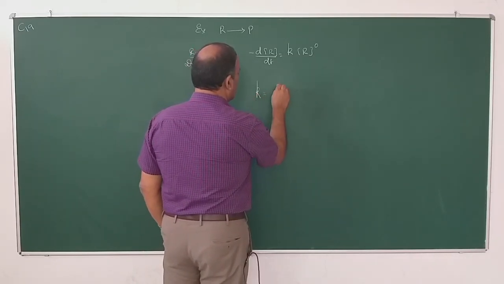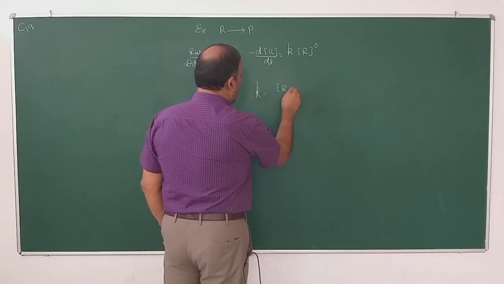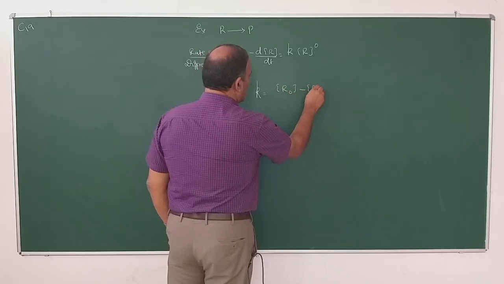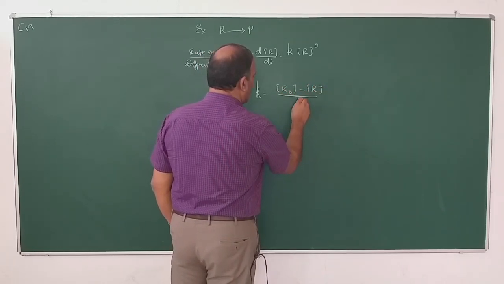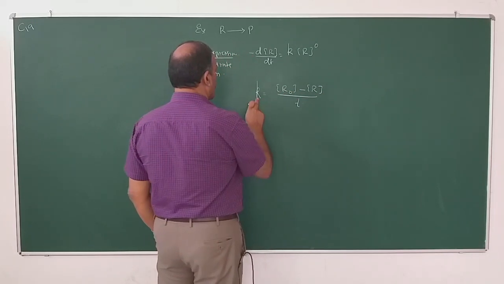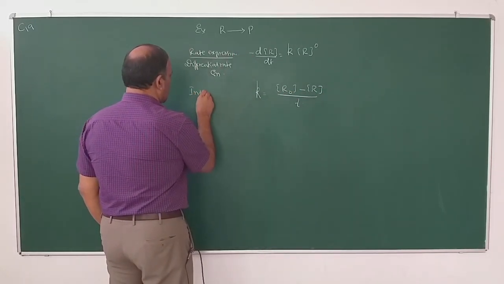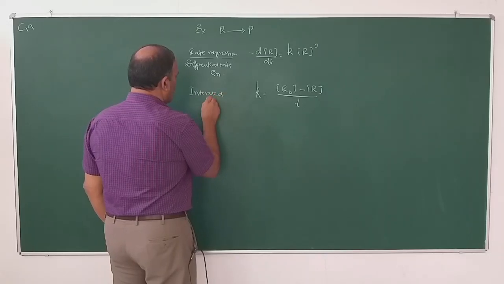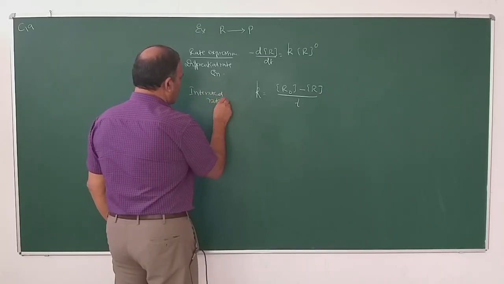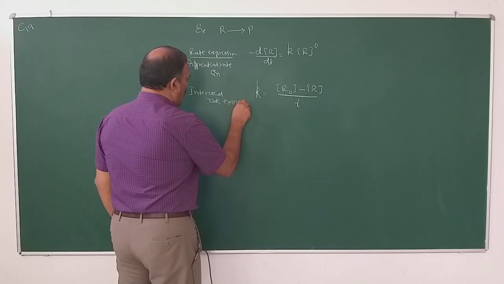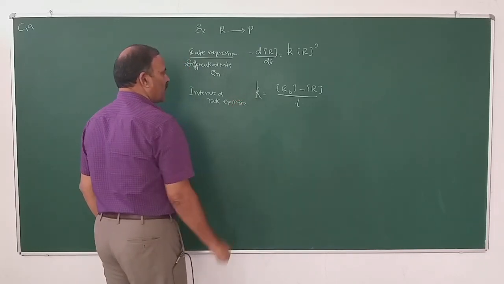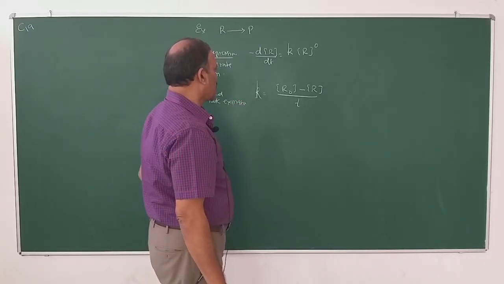Then we have derived an expression for the rate constant of a zero order reaction, that is K equals [R]0 minus [R] divided by t. This is called the integrated rate expression, or expression for the rate constant of a zero order reaction.